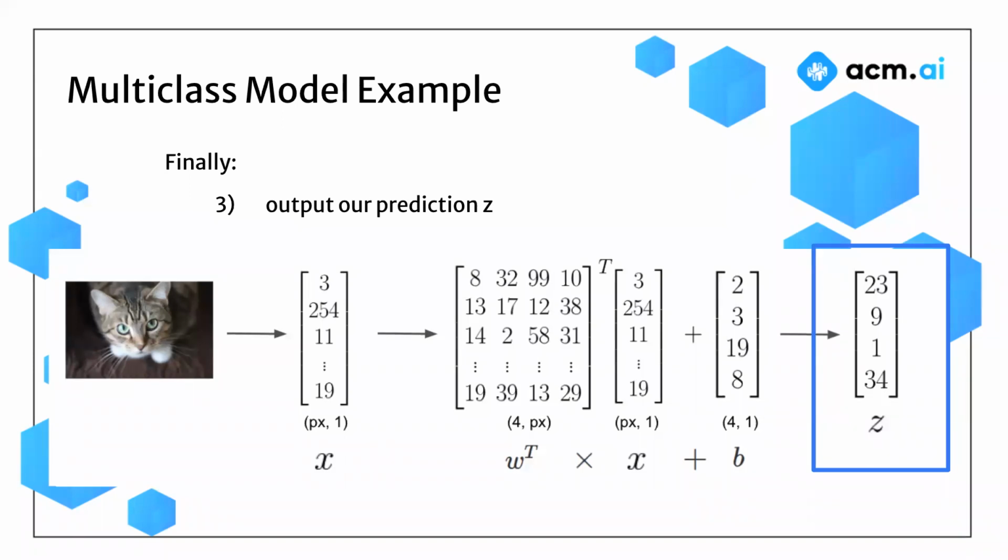You can think of each of these numbers as the model's prediction for each class. So it thinks it's like 23 worth a cat, 9 worth a dog, for example, if the dog is the second class. But maybe in another case, the model outputs something like 1000 up here and 2000 here. How would you compare those relative values?